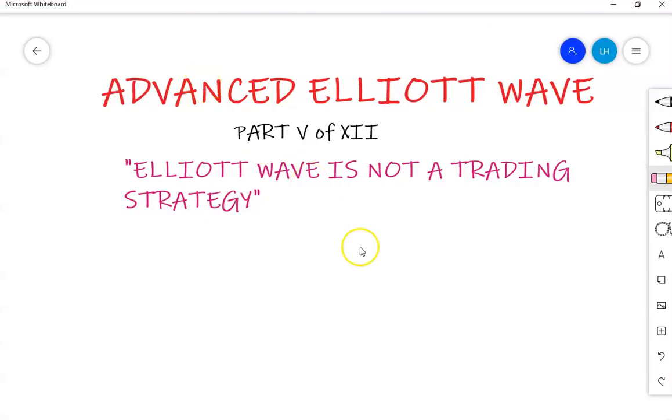Our today's concept, in the fifth part of Advanced Elliott Wave out of those 12 sessions, is that Elliott Wave is not a trading strategy.